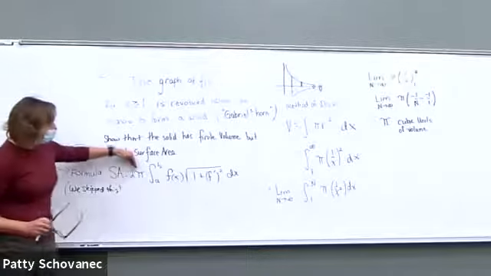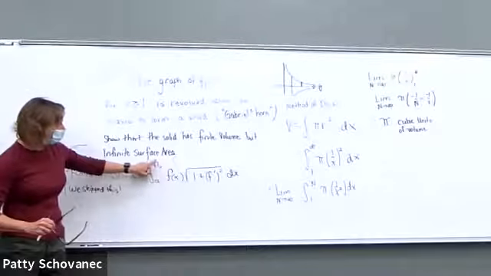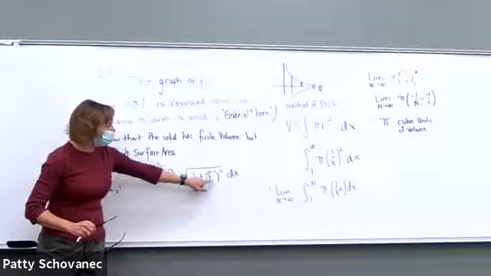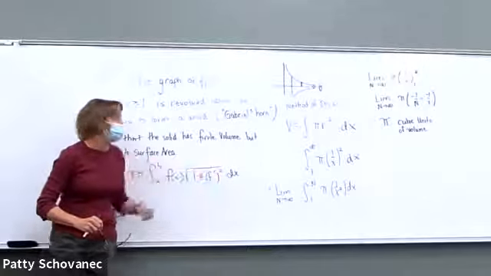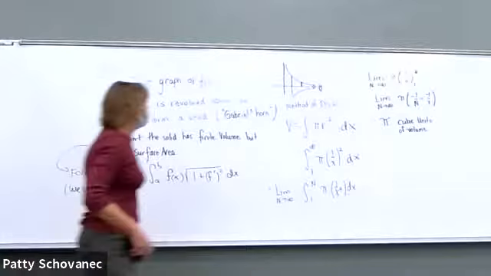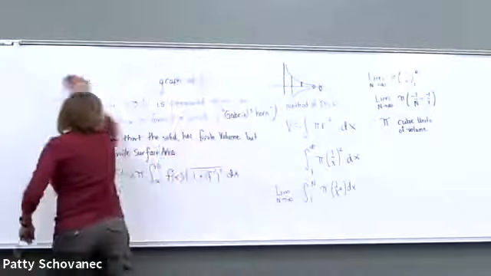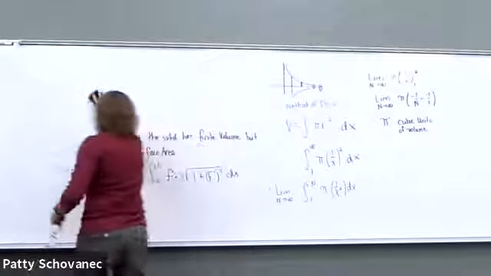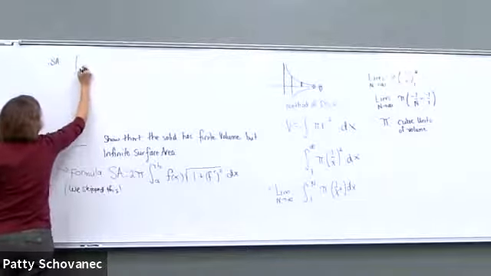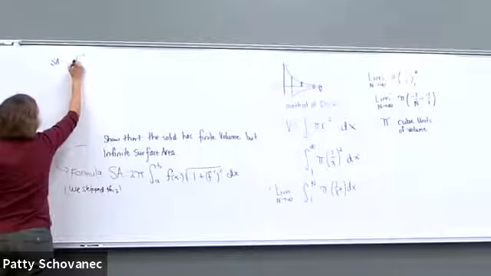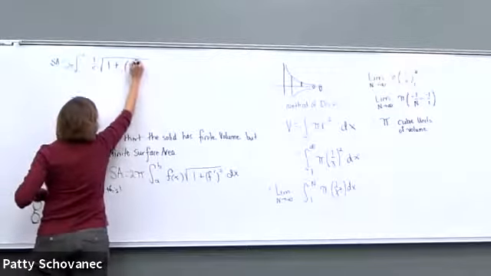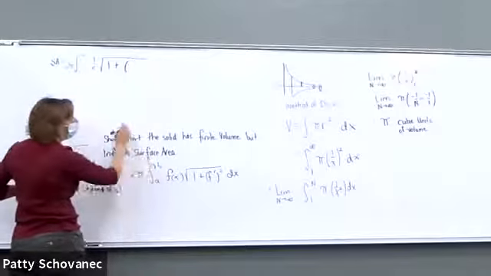So we're going to integrate 2 pi, the integral from 1 to infinity, of 1 over x times the square root of 1 plus (1 over x squared) squared. The derivative is negative 1 over x squared.